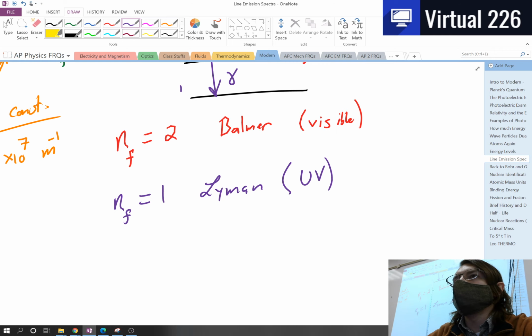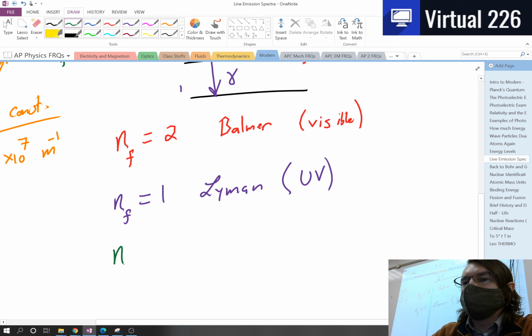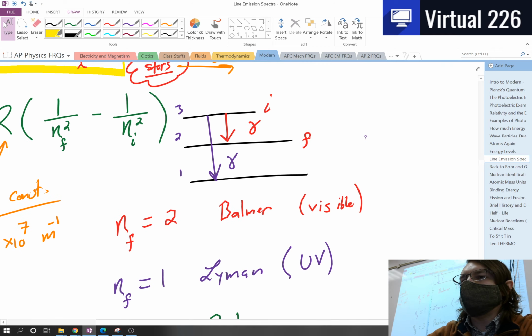Maybe you want to have your name tied to a number of lines. So what do? You pick a new number. We pick 3. These are Paschen lines. In this case, we're starting up higher, which means that these lines are tighter together. And we're coming from things like 4 or 5 and winding up at 3.